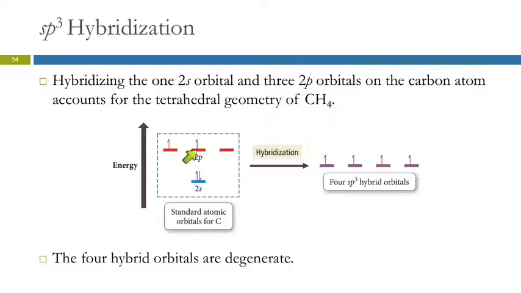So the p orbitals were higher in energy and the s was lower in energy, but when we combine these, the energy of the 4 is going to be the same, and it's going to be between what it used to be. So it's some sort of average. Does that make sense? So it's higher than the s and lower than the p. We say those orbitals are degenerate.